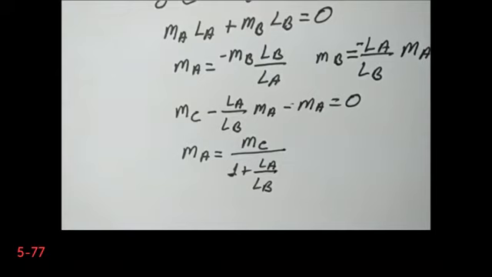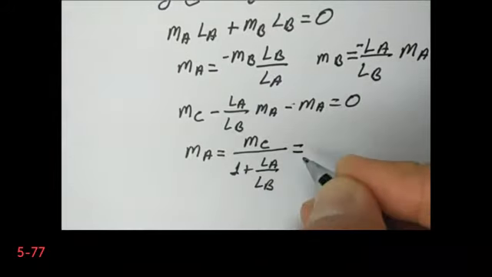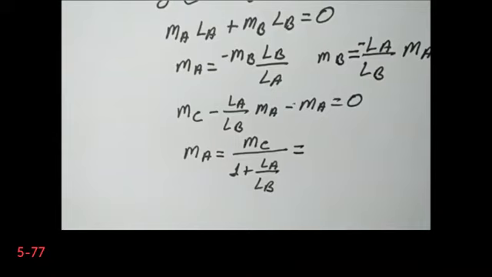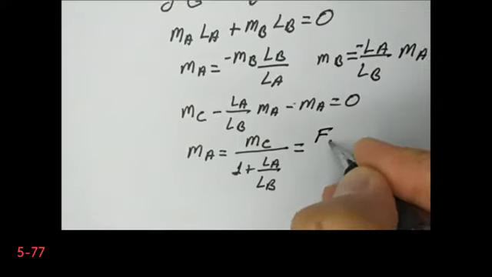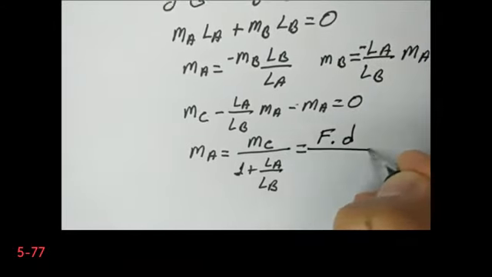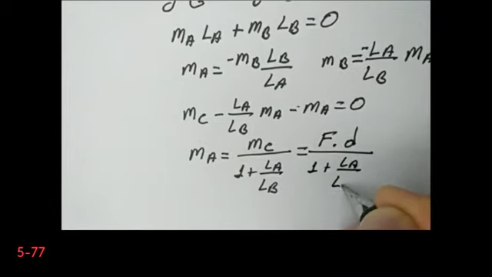Now I know the value of MC, I can easily calculate it. In fact, MC is equal to force multiplied by D divided by 1 plus LA divided by LB.